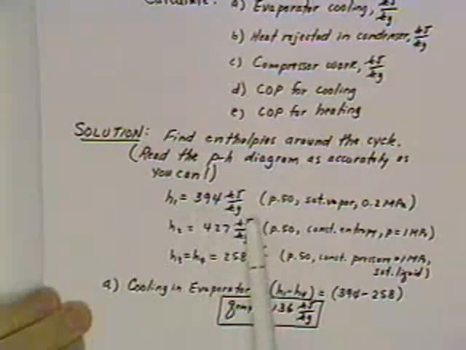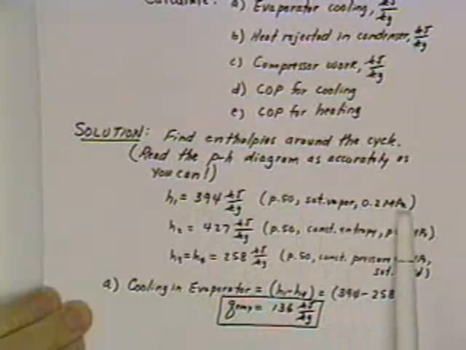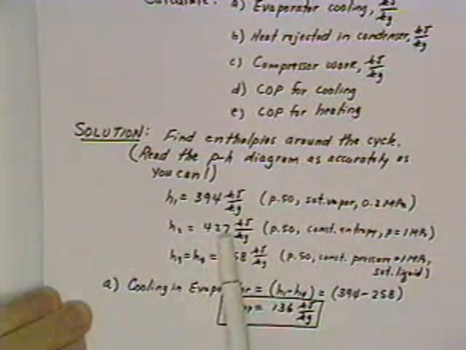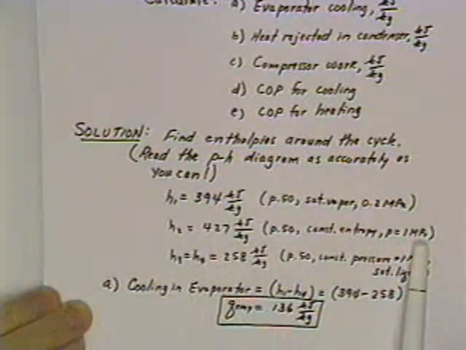H1 is 394 kilojoules per kilogram, found from saturated vapor condition at 0.2 of a megapascal. H2, which is the condition leaving the compressor, which is the same thing as entering the condenser, I read a value of 427 kilojoules per kilogram, at a pressure of 1 megapascal and constant entropy.